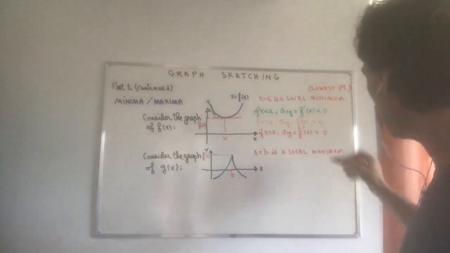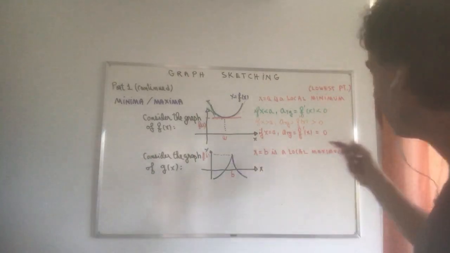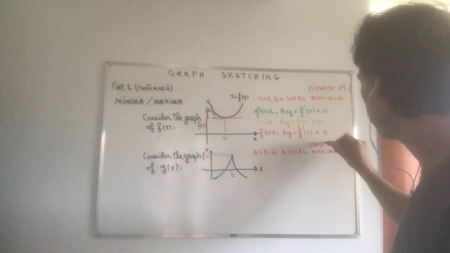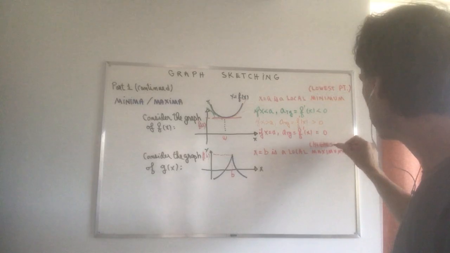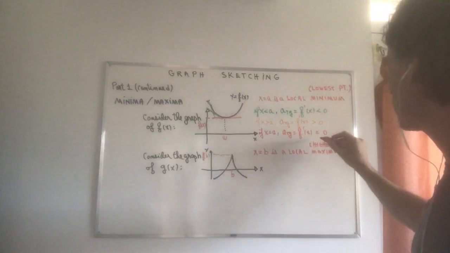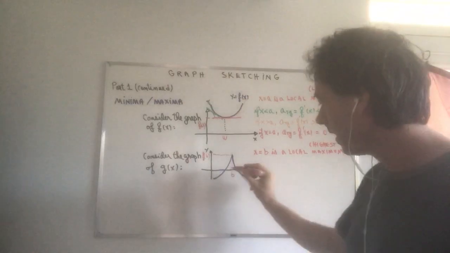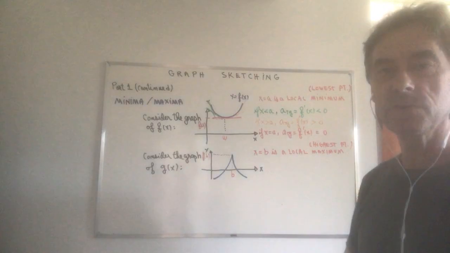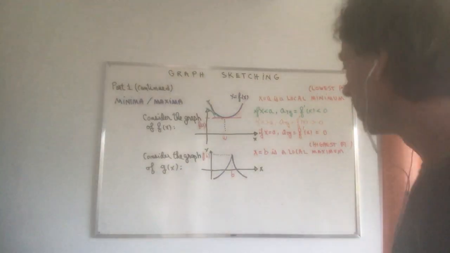Maximum here means the highest point around itself. So in a small interval around b, f of b is the highest value in that interval.